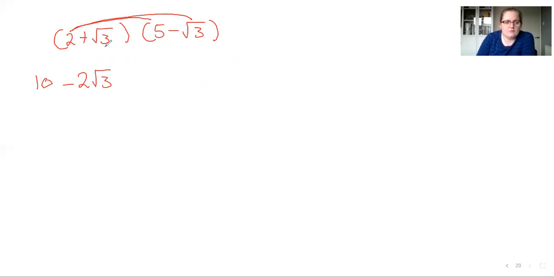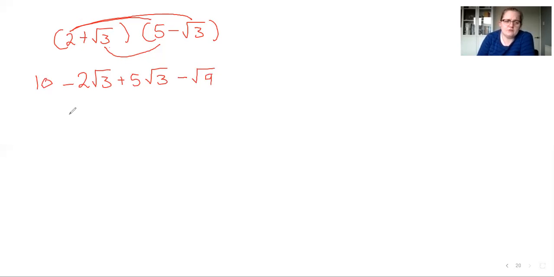Root 3 multiplied by 5 will give us positive 5 root 3. And then root 3 multiplied by negative root 3 would give us negative root 9. Simplify that down.